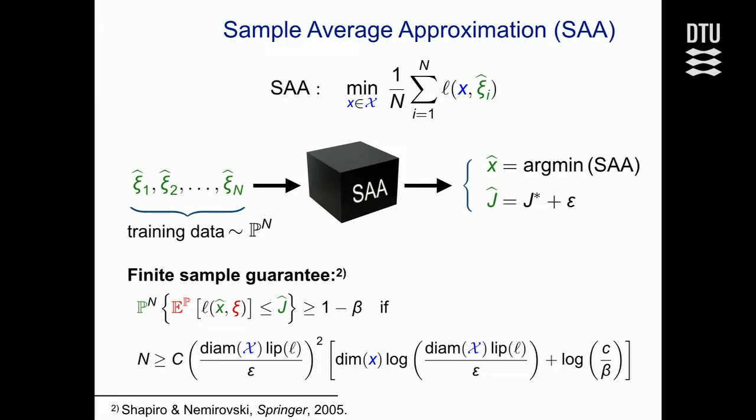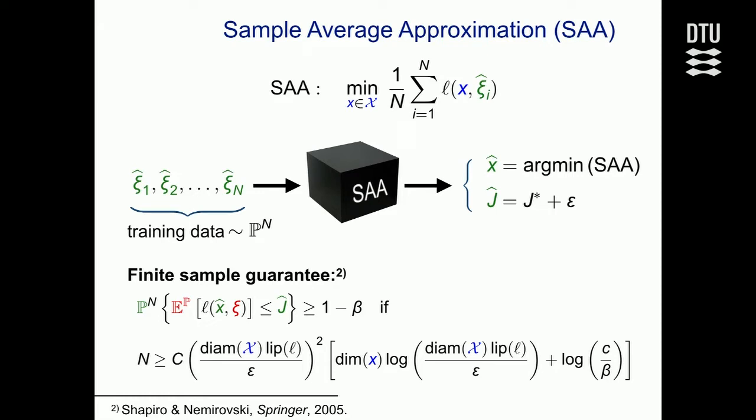So basically, what you can do is you can prove that the optimal solution of your SAA problem, the sample average approximation problem, is an epsilon suboptimal solution of the true problem, which you cannot solve, if the number of training samples is large enough. Okay?